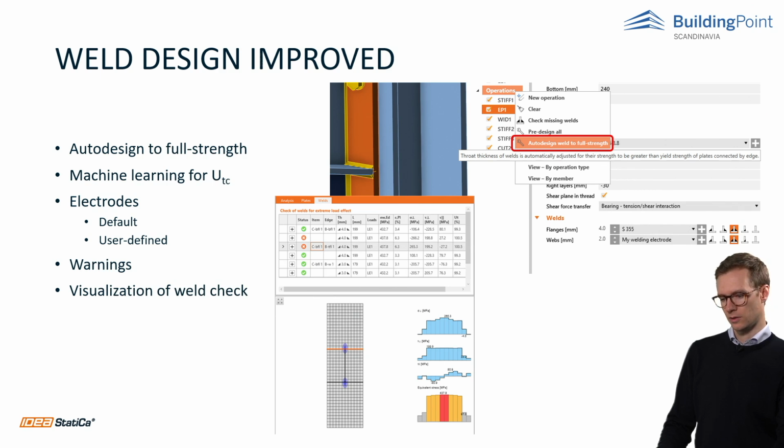And the weld material is now an editable item in the material and product range library. This means you can define the welding electrodes independently of steel grade and connected plates. And also the warnings and visualizations of welds are improved.